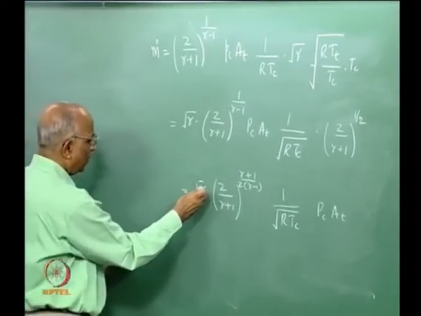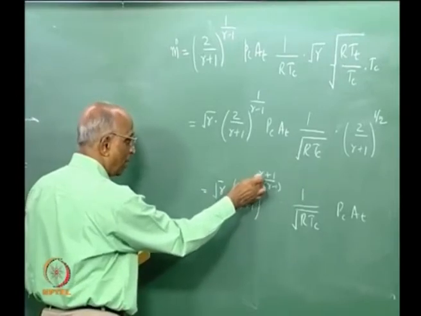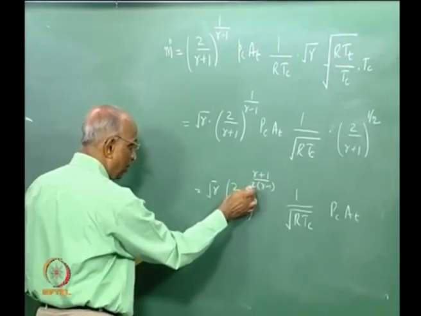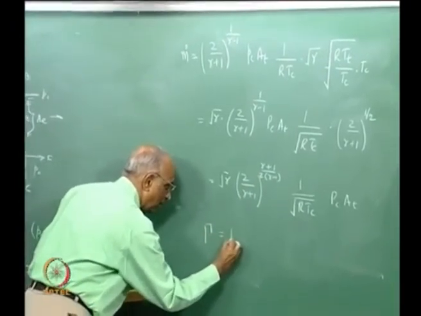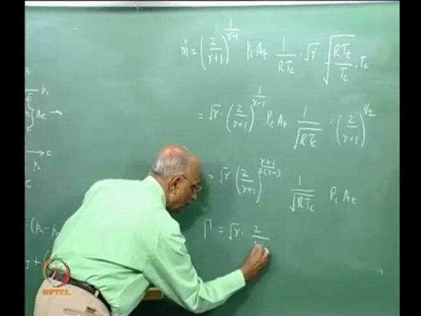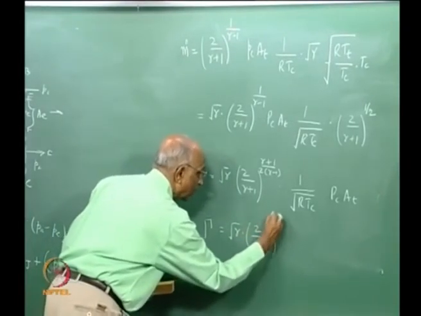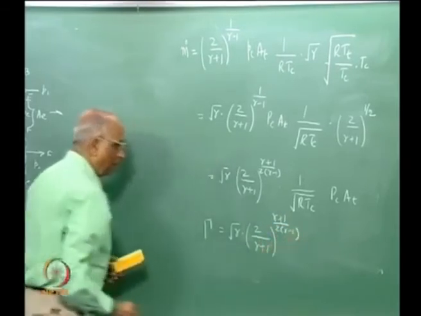Let me define under root gamma into 2 over gamma plus 1 to the power gamma plus 1 divided by 2 gamma minus 1 as capital Gamma, which is equal to under root gamma divided by 2 into gamma plus 1 divided by gamma plus 1 divided by 2 gamma minus 1.